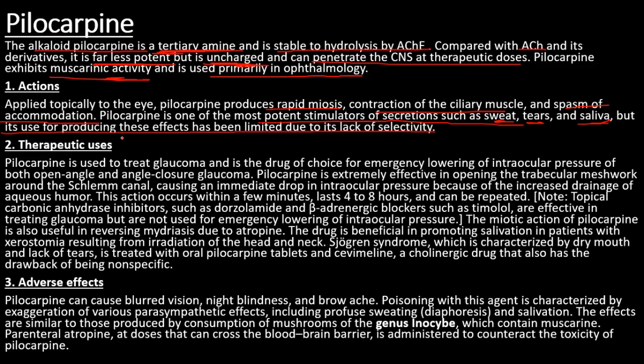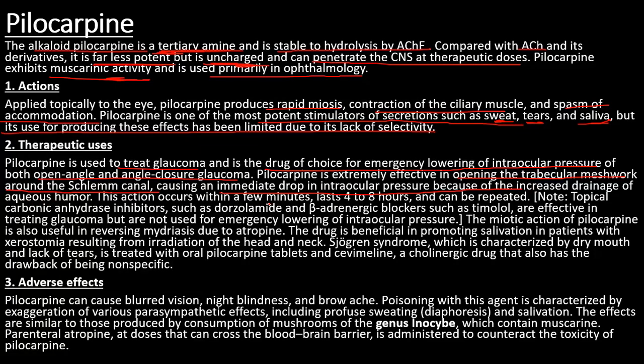Now, where is it used? To treat glaucoma, and it is the drug of choice for emergency lowering of intraocular pressure in both open angle and closed angle glaucoma. How does it lower intraocular pressure? It will open the trabecular network around the canal of Schlemm and will cause an immediate drop in intraocular pressure because of increased drainage of aqueous humor.